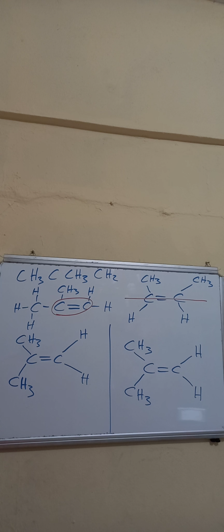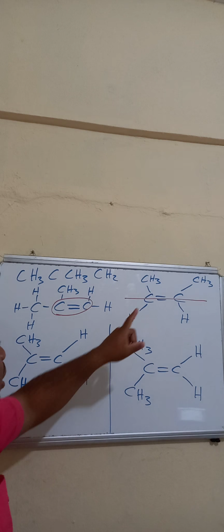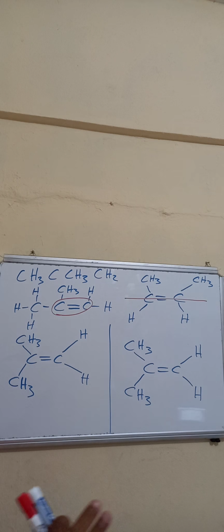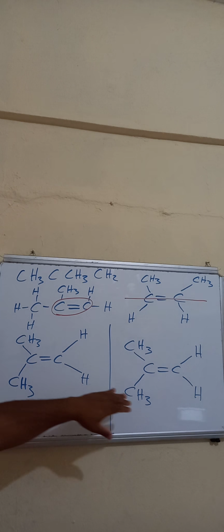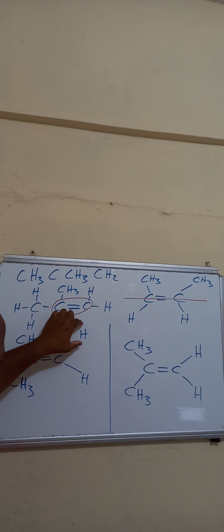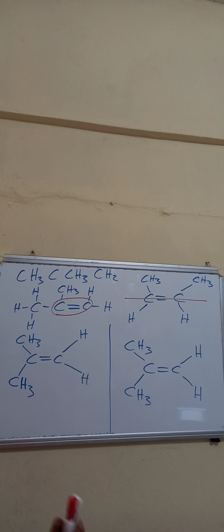For you to get geometric isomers, the groups that are the same must be on different carbon atoms. So look at the spatial arrangement, right? Why is it not a geometric isomer? The spatial arrangement is the same. So even if you move one group down and the next one up, the spatial arrangement is going to be the same.